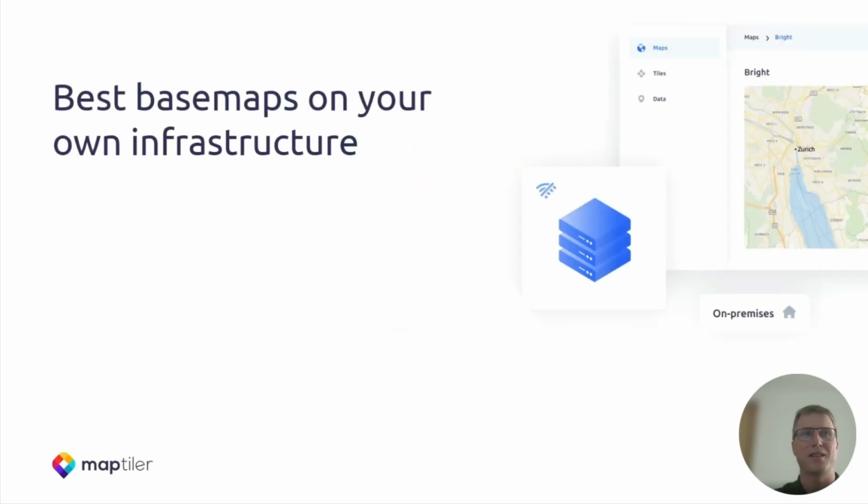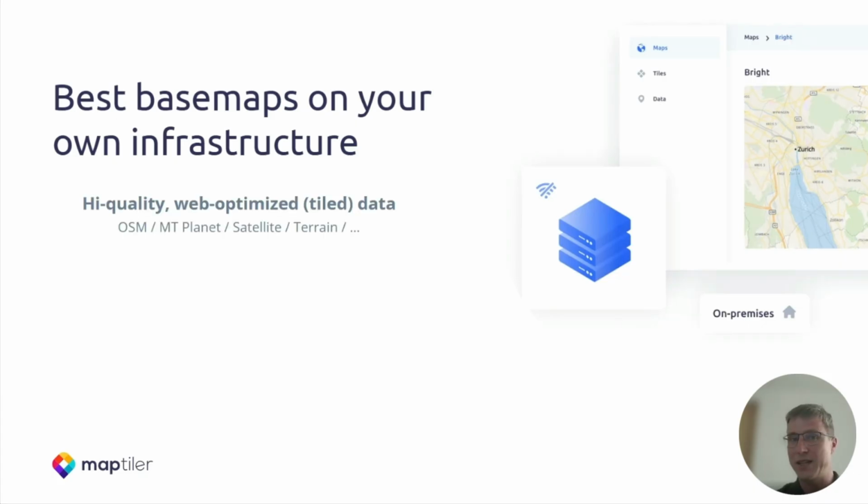How is it built? I'm in MapTiler for less than a year, and since that time, I have discovered that this is basically the best base maps option you can have. It consists of the data, high quality web optimized data. It's basically the same data you have on MapTiler Cloud services, but it's packed and enabled for download into your own premises.